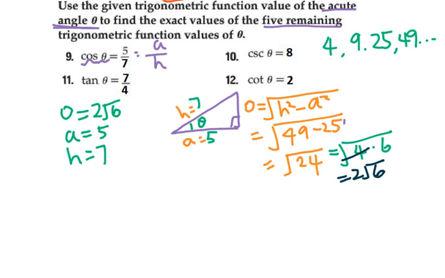Then I list all these trig functions. Given is cosine theta equals 5 over 7. Then we have sine theta, it's O over H, which means 2 square root of 6 over 7.